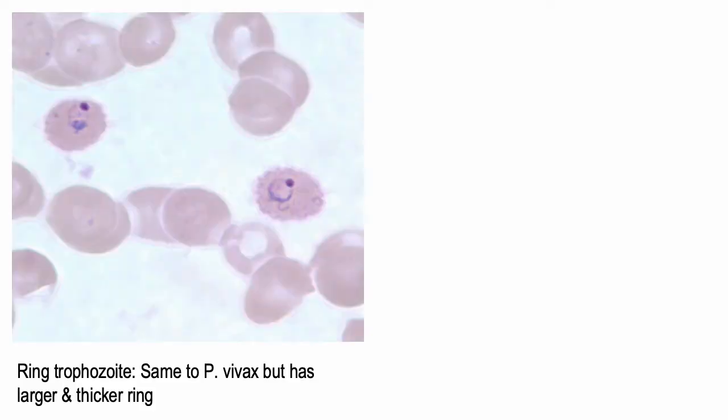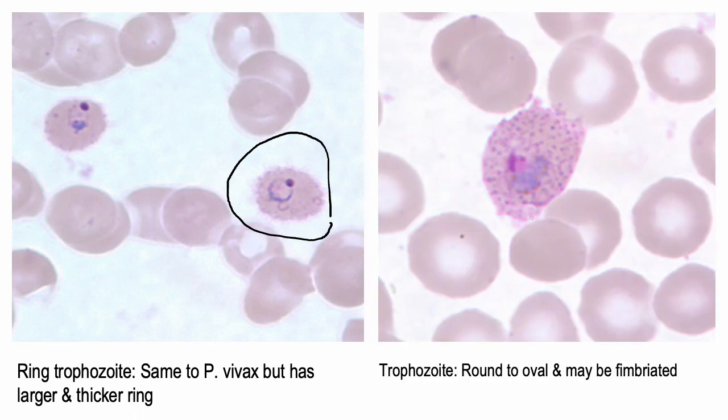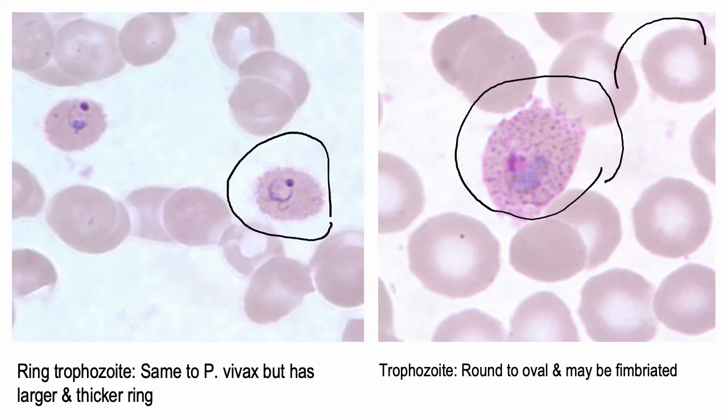So here is a sample picture of the ring form for Plasmodium ovale. This is similar to Plasmodium vivax, but the presence of fimbriations is clear at this stage. Also for the trophozoite, fimbriations, although not so visible here, it also has a round to oval shape which is slightly enlarged compared to a normal RBC.